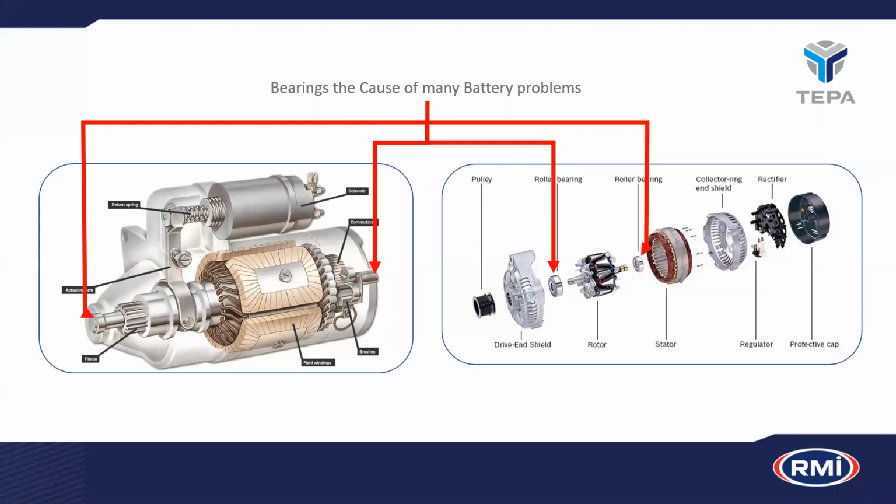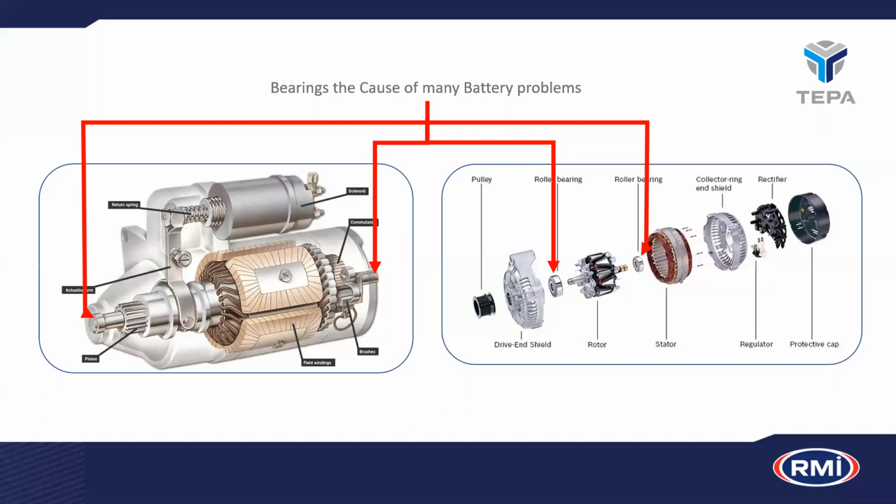Similarly, in the alternator, the other side of the coin, the alternator bearings can also cause the alternator to scream and make a noise. And also, if it's not running smoothly, not running straight, the charge current that the alternator delivers can be affected, thus not recharging the battery fully during the driving cycle.